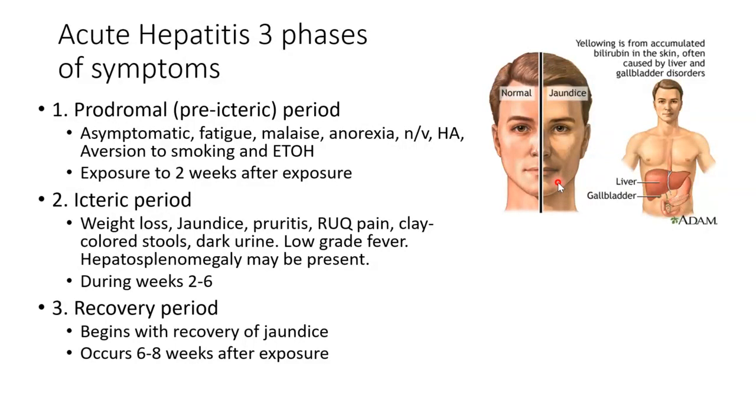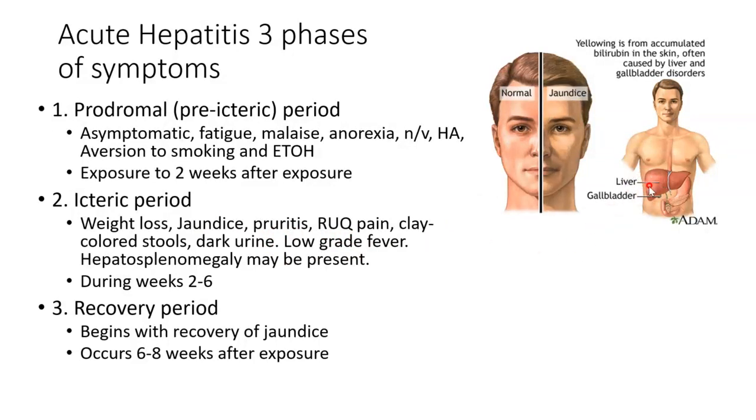Since the liver can't conjugate the bilirubin, it keeps circulating in the blood, and it starts to seep into the skin, and we get this yellow skin. Weight loss, jaundice, pruritus: with that bilirubin in the skin, it gives them this itchy, dry skin. Some right upper quadrant pain.